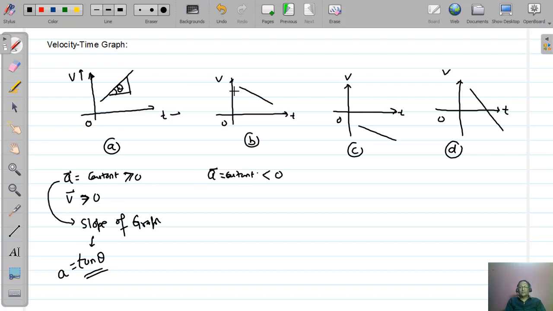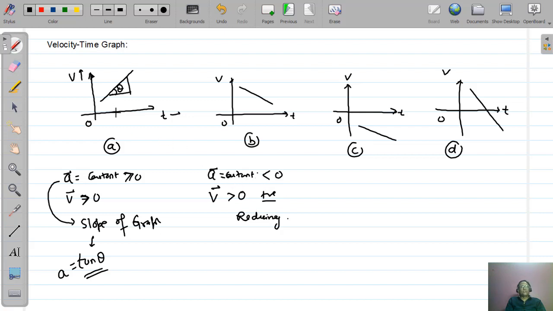That means the direction of acceleration is opposite, in the negative direction. Velocity here is greater than 0. That means positive, though it is reducing. Velocity is reducing, still velocity is in positive x direction, acceleration is in negative x direction.